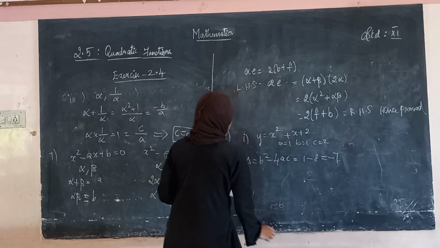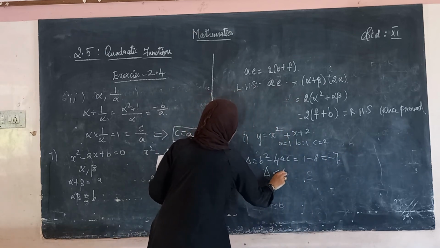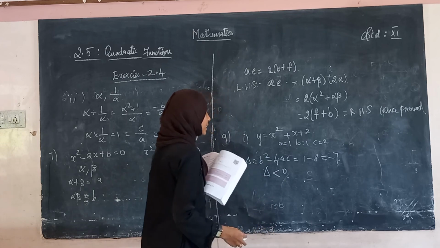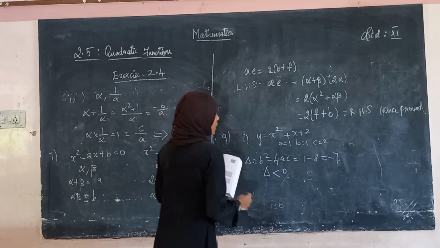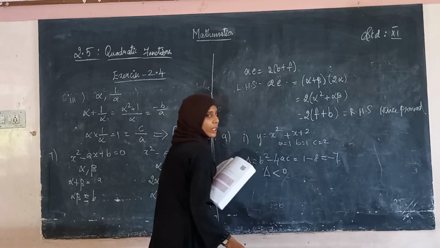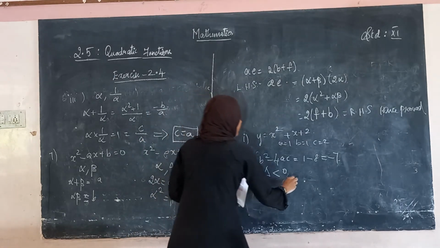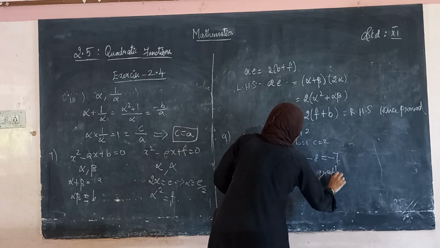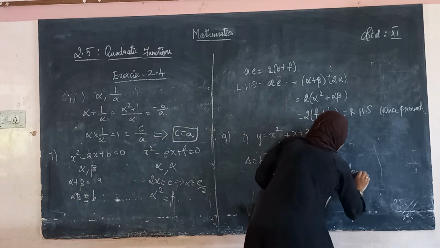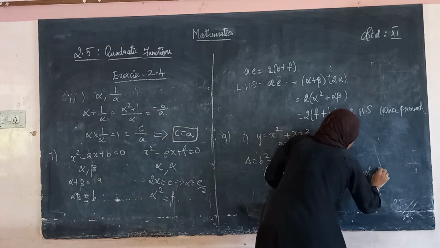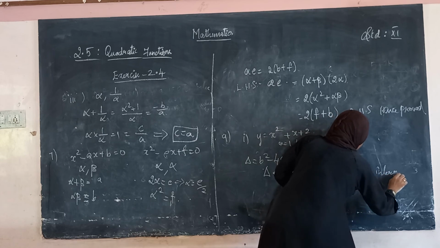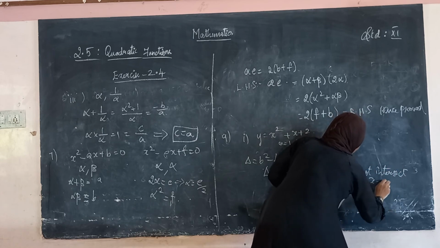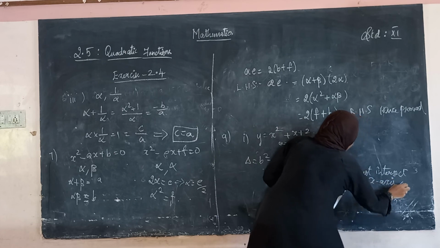What does this mean? Del is less than 0. It has no real roots. No real root means, therefore, the given graph does not intersect the x-axis.